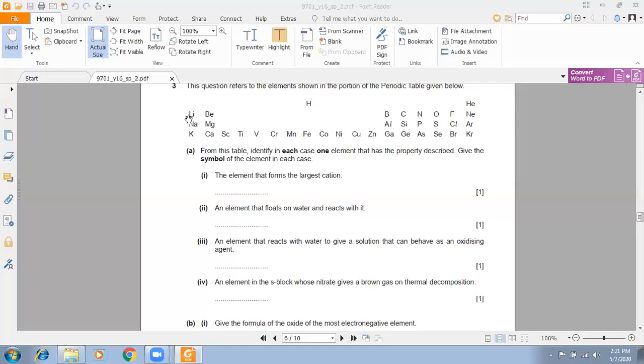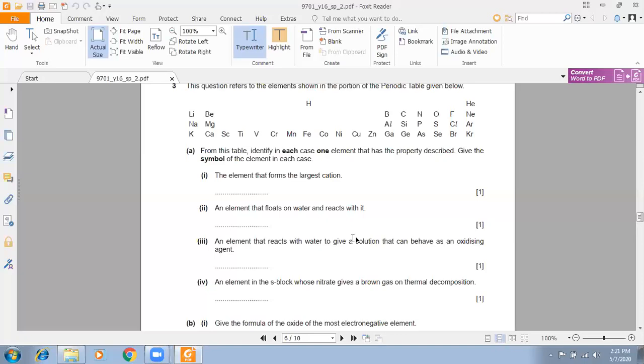Now look at the nitrate of lithium, sodium and potassium. What happens at that time? You know that group 1 metal nitrates decompose to form nitrite and oxygen.